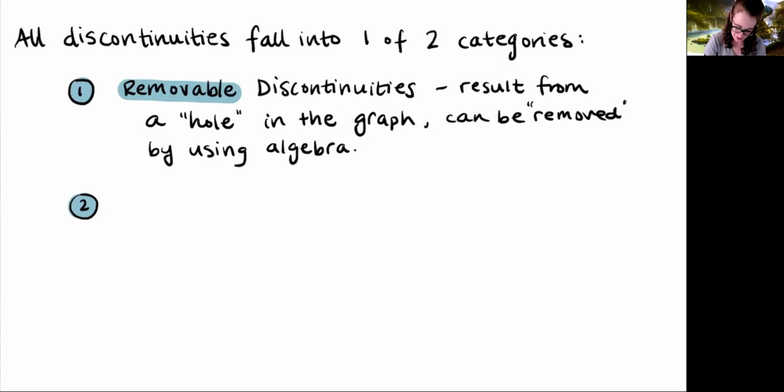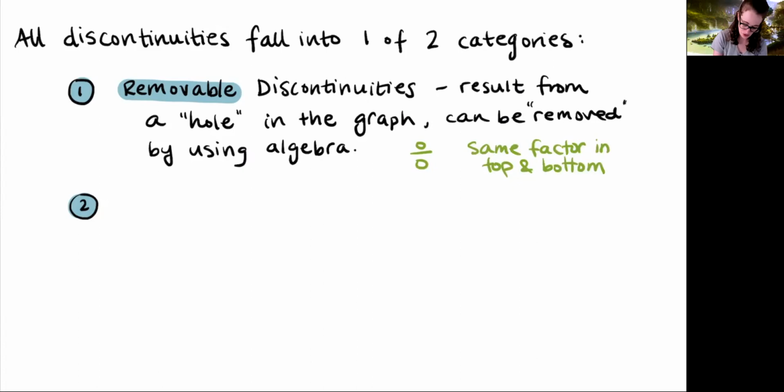So algebraically, this would give you 0 over 0 when you plug in the value. So 0 up top and 0 on the bottom. These will have the same factor in the top and in the bottom. That gives you the 0 up top and 0 down bottom.